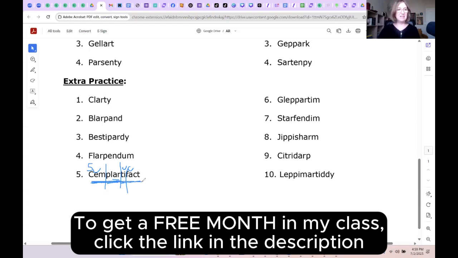You have to tell me, did you get it? Yes, or almost? Did you get semplartifact? Nice. Look at that. Wow. You can read semplartifact, my friends.